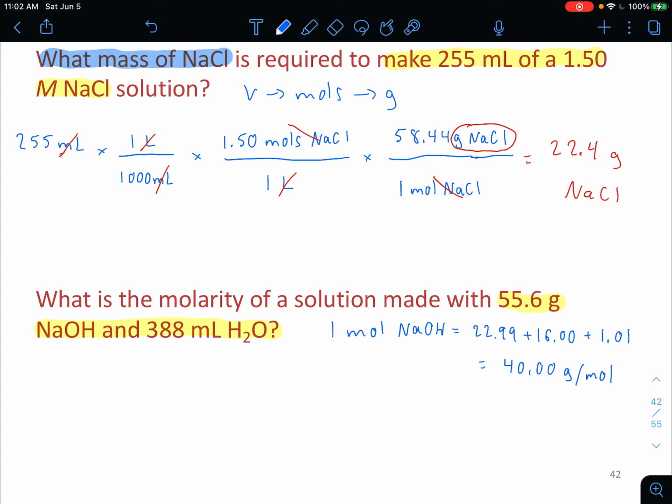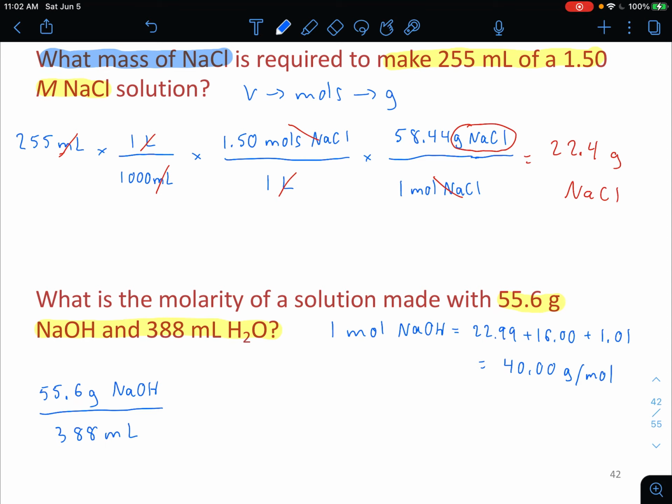Okay, so I have grams per milliliter and I want to change it into moles per liter. So 55.6 grams sodium hydroxide per 388 milliliters.